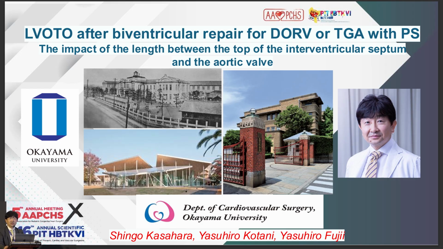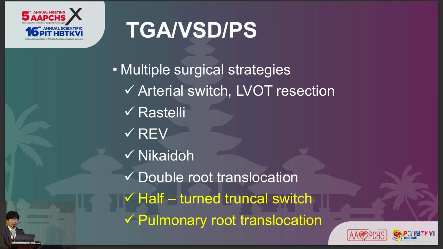How long is available for a biventricular repair or not? Nobody knows, so I thought about what data shows. There are TGA, VSD, PS and multiple surgical strategies. Good surgeons do the Nikaido procedure, and good Chinese doctors do double root translocation.